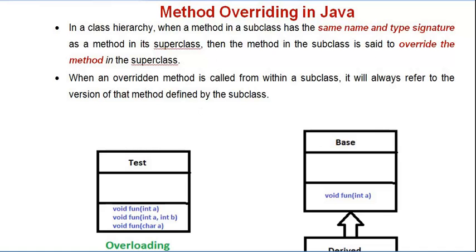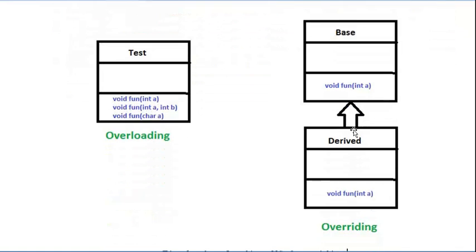And you can observe this figure. This is a base class and this is a derived class which is derived from the base class. There is a function prototype here, void fun(int a), and there is one more method, void fun(int a).